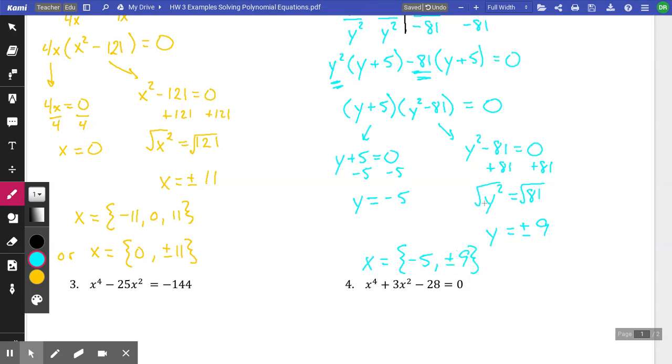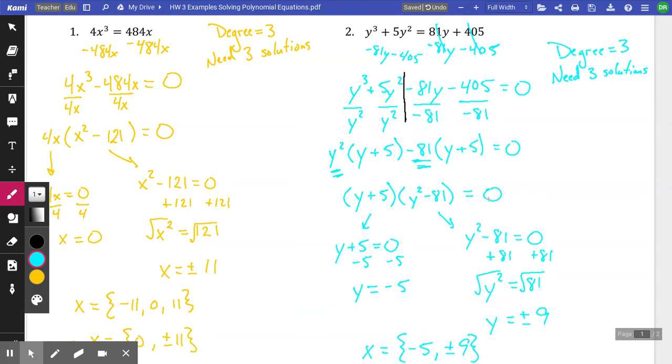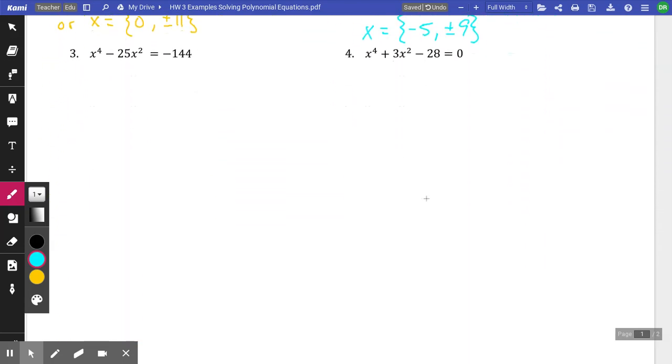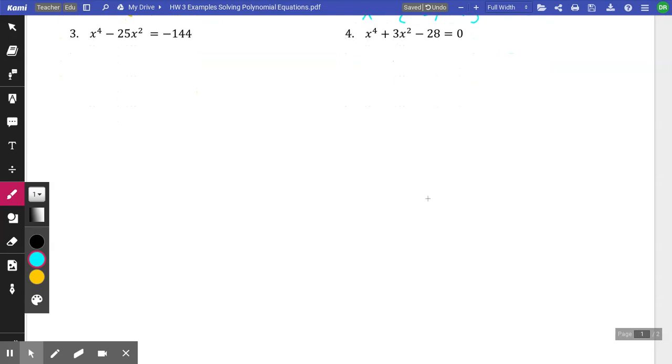Okay, so that should take care of the first 2 questions on our assignment. Jumping down to the next 2. Looking at number 3, we have a trinomial here, or we will very soon. The equation is not yet equal to 0, so I fix that. I look at my value, it's a negative 144.